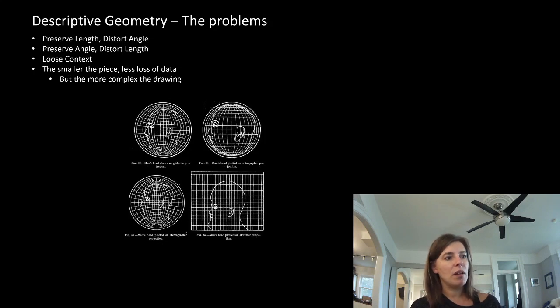I recently heard someone describe it as the uncanny valley. If anyone has ever watched The Polar Express, you probably know what I'm talking about. The people are almost too realistic, but still disturbing in the fact that things aren't perfect. The train, no more perfect than the people, but our brains can process that much easier. But slight imperfections in drawings of people, and we can't handle it. So that's why I like these images here, because it really shows us that even these two, which are probably the best ones, we can see are funny.